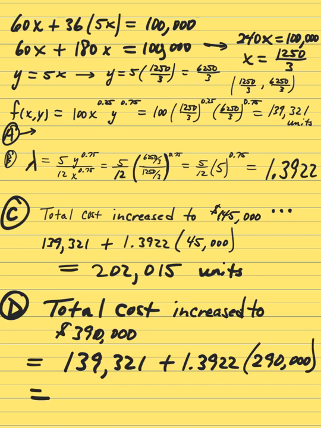Let's see. $543. I still need to double check or triple check. 1.3932. Oops. Goodness. I need to make a correction real quick.